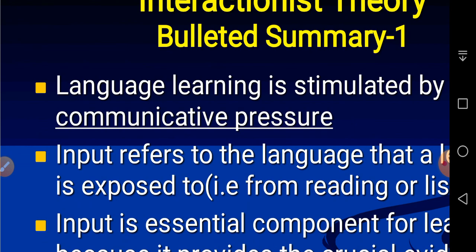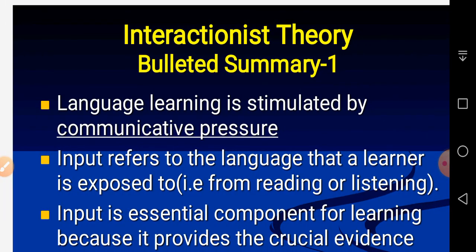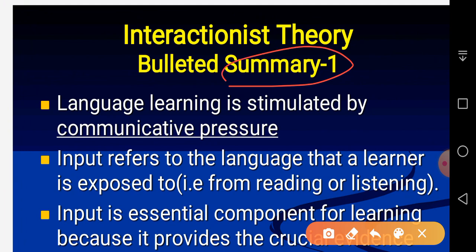Okay, now I am going to present a bulleted summary of that document, and in between I'll be talking about different things. Language learning is stimulated by communicative pressure. When you are interacting with someone and communicating, you want to exchange some information. There is an information gap.